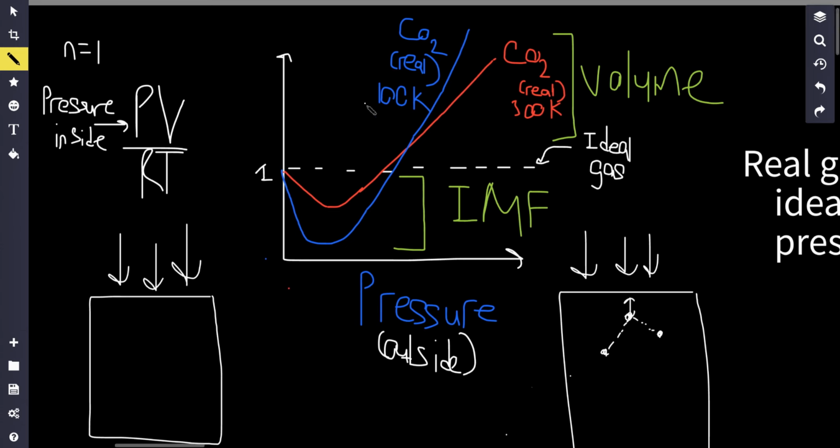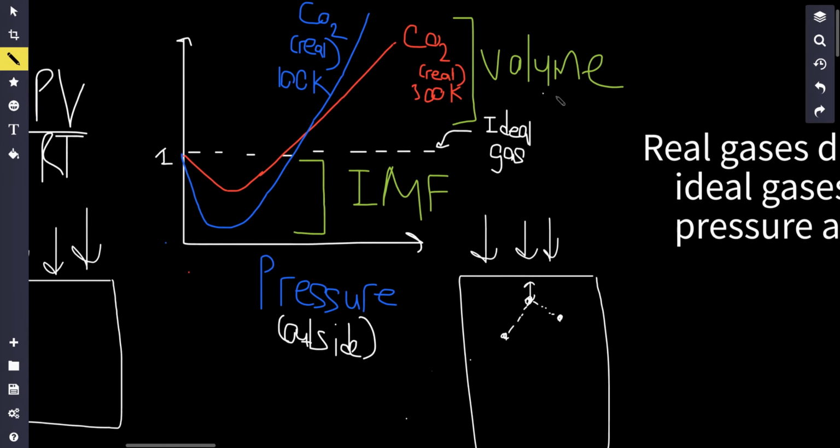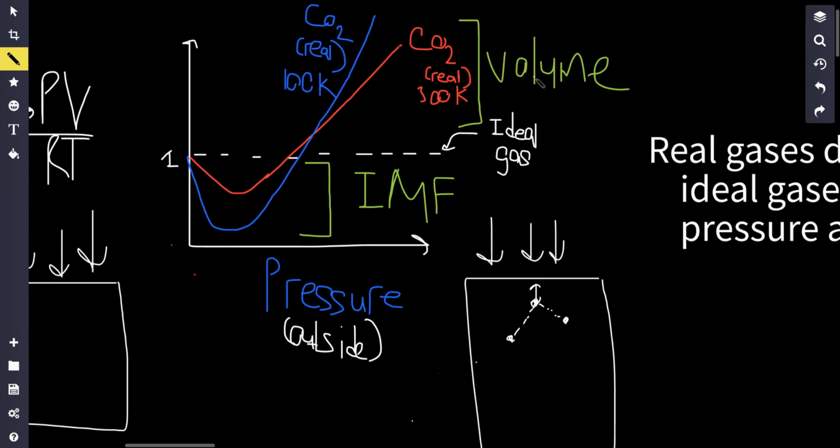Now, if we take a look at this higher part over here, where our PV over RT ratio is greater than 1, well, this can be explained by real gases deviating from the ideal gas, in the sense that real gases do take up a volume in the container.